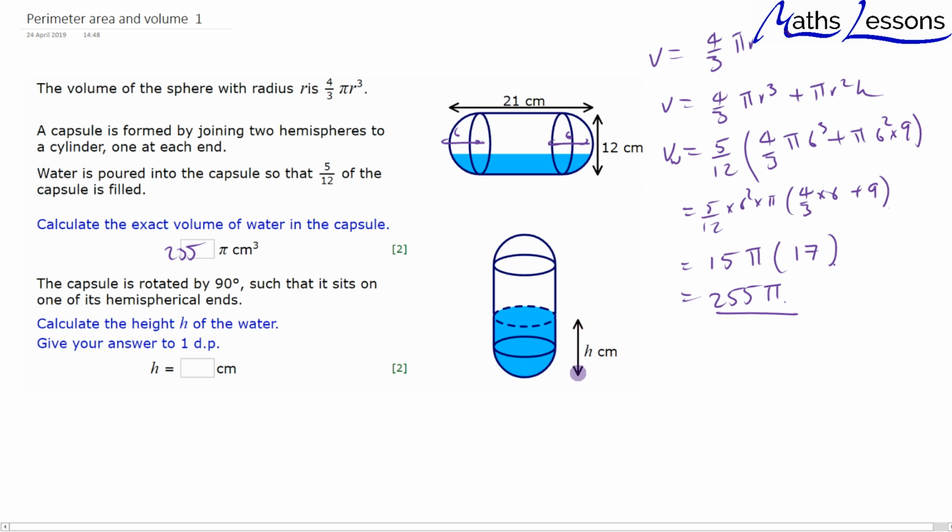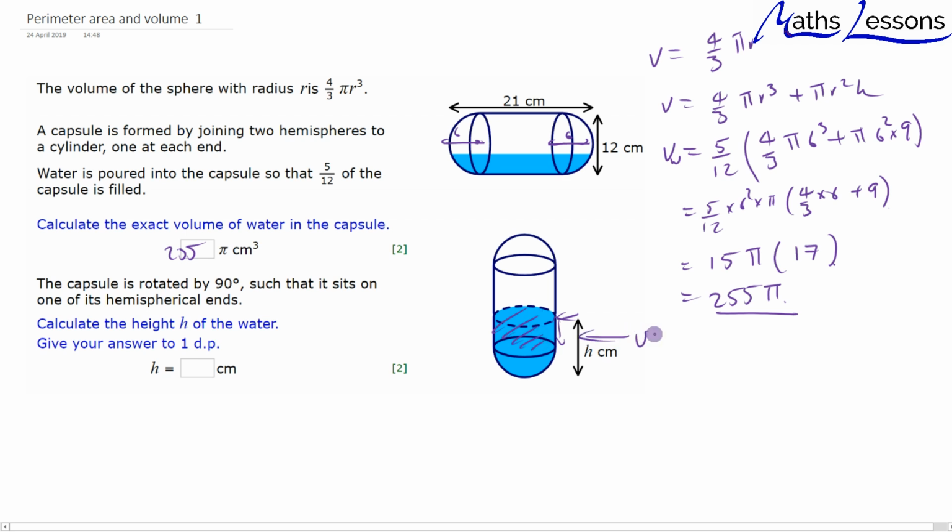The way we're going to do that is, first of all, I'm going to take away the volume of this half sphere, because it's not consistent what's going on, whereas the area here is always consistent, so we can easily work out that height. So we take this away first to get the volume for this bit here.